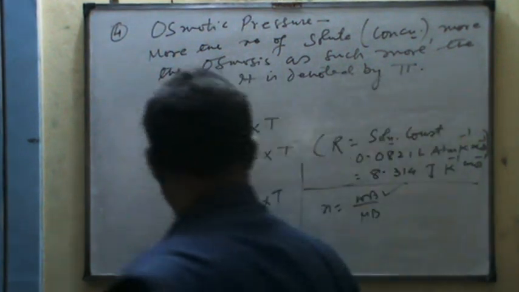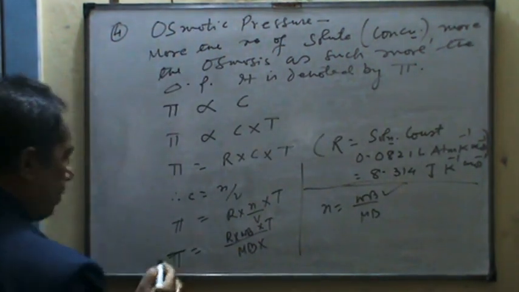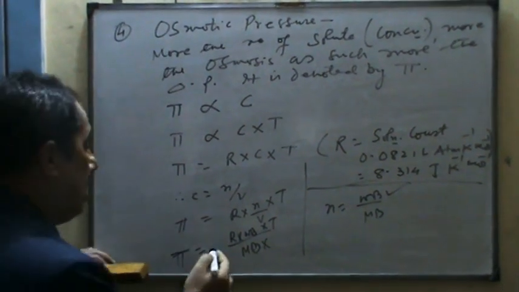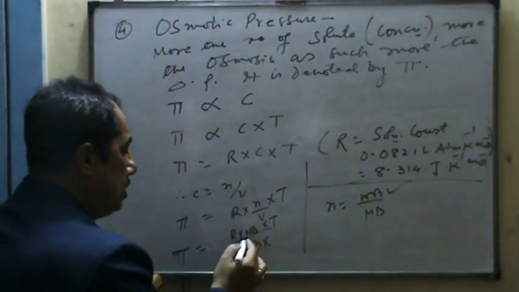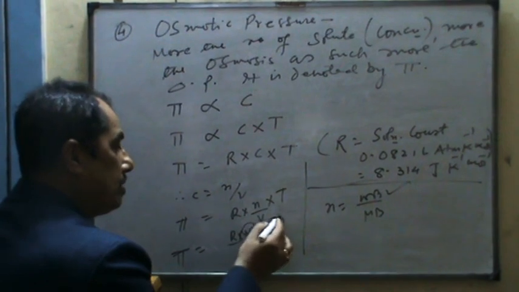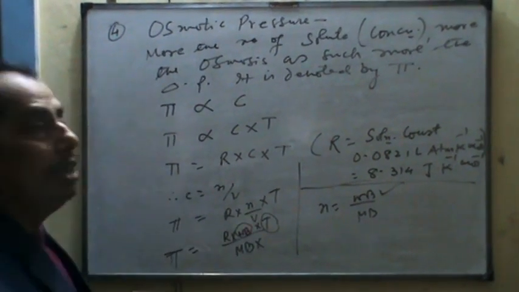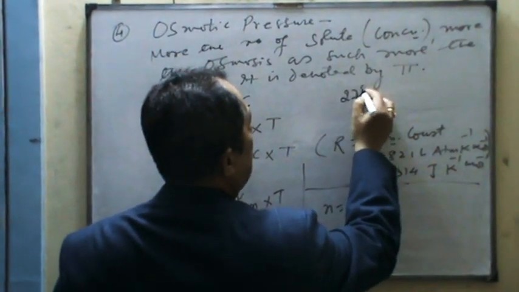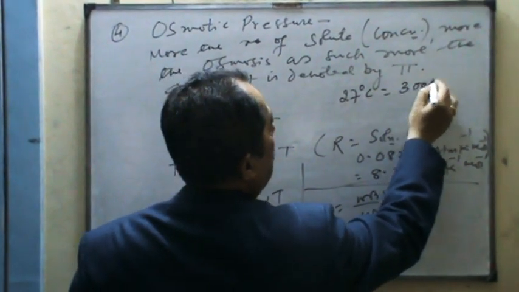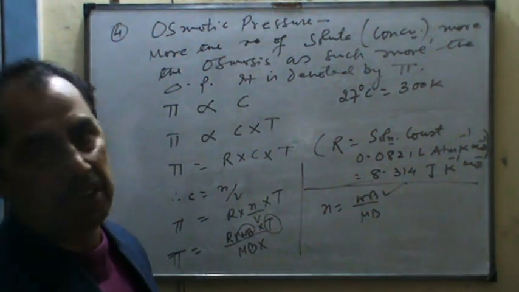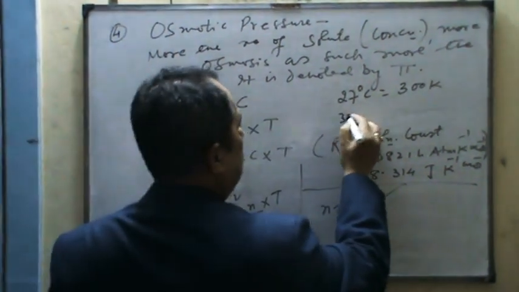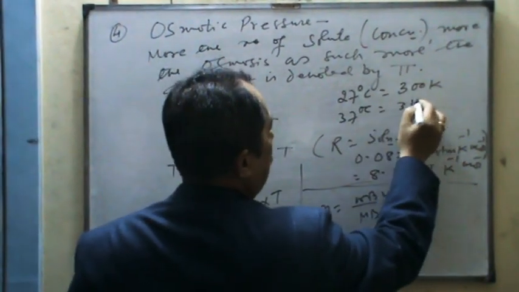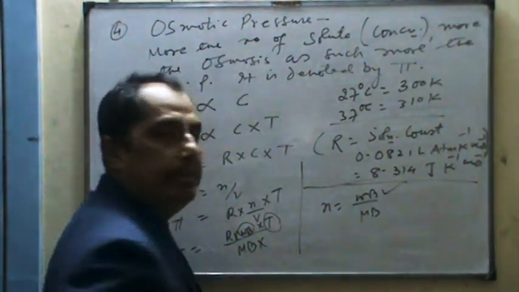Knowing all the parameters, osmotic pressure can be calculated. R is provided already as a constant, given mass of solute, temperature given in degree Celsius, you may change into Kelvin. If it is given 27 degrees Celsius, what about in Kelvin? 300. If it is given 37 degrees Celsius, 310 Kelvin.